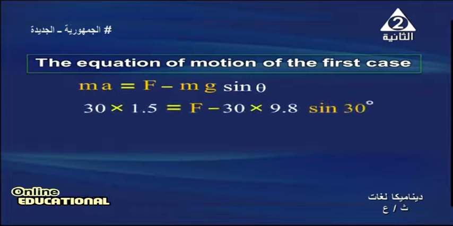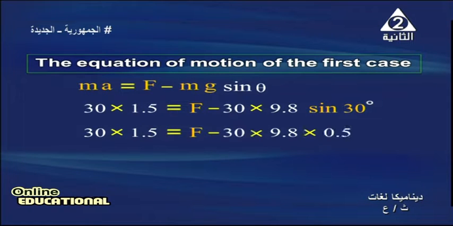30, which is the mass of the body, multiplied by 1.5, the acceleration of the body. Note that the mass is in kilograms and the acceleration in meters per second squared, then the force must be in Newtons: equals F, the magnitude of the force, minus 30 times 9.8 sine 30 degrees. 30 times 1.5 equals F minus 30 times 9.8 times 0.5.